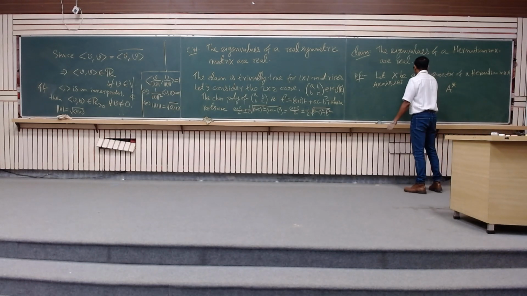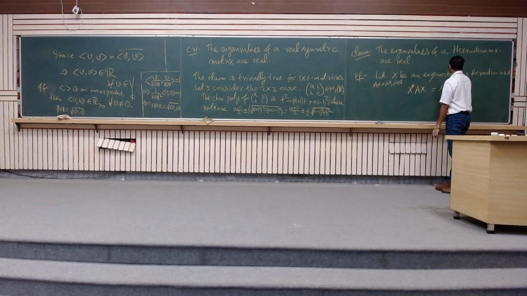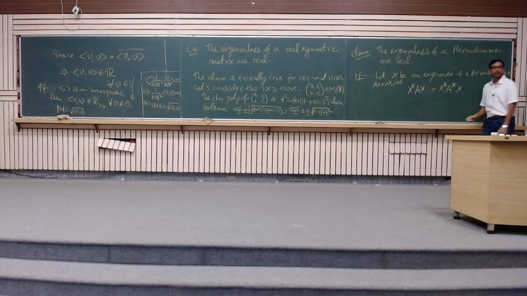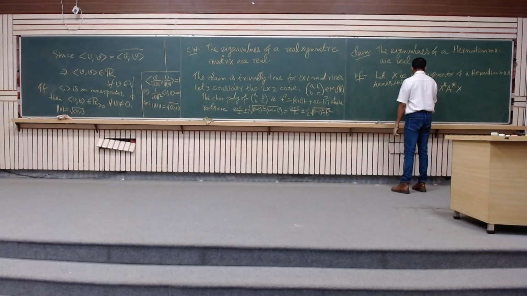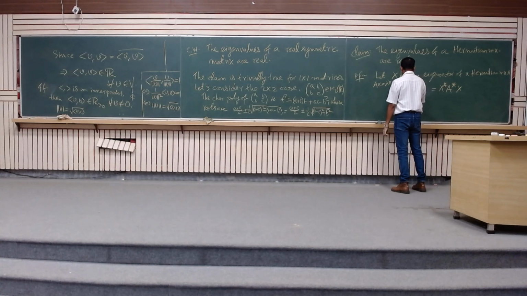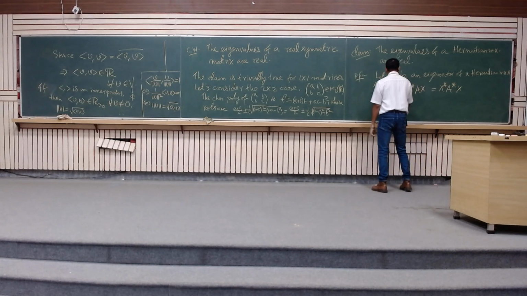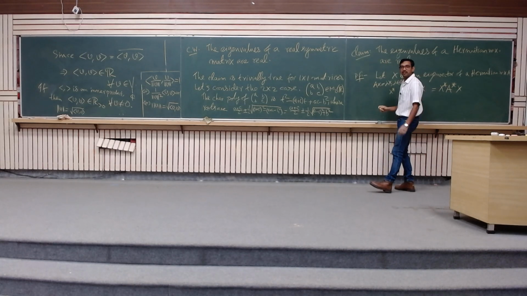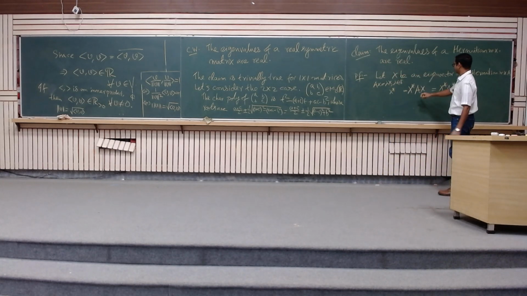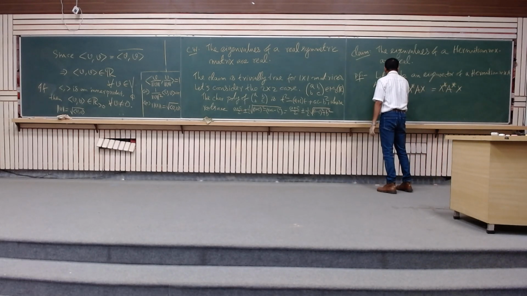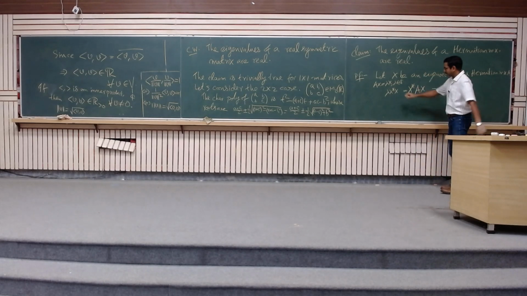Now, do this x star Ax on both sides. What is this? This x star Ax is x star lambda x, so we just write lambda x star x.